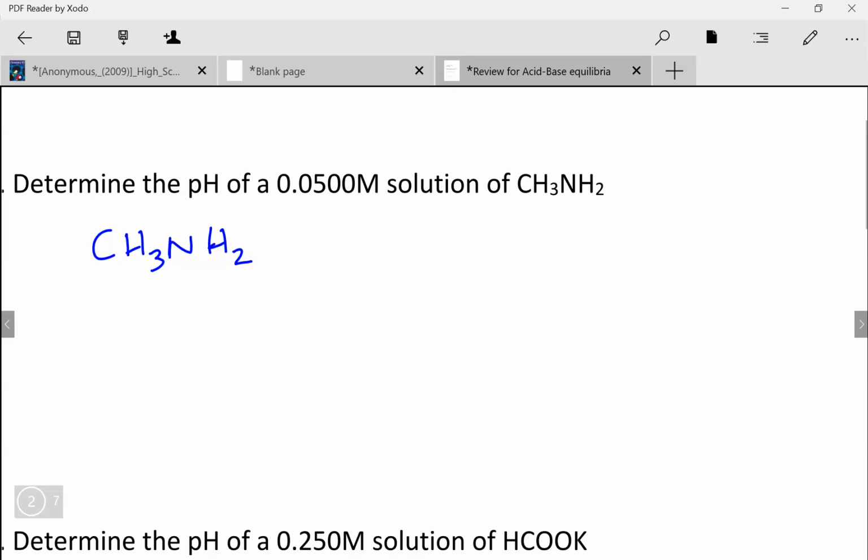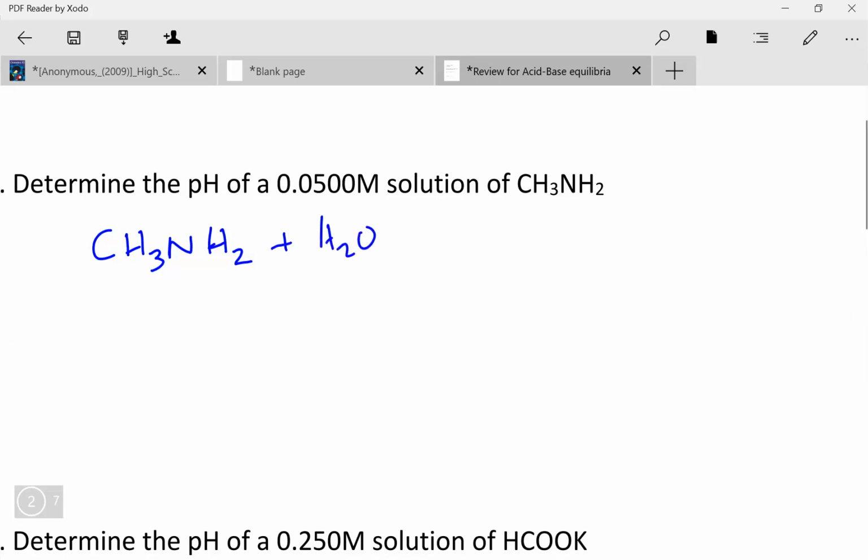methylamine. There we go. Whatever this is called. This is a base, so it's going to accept a proton from water, accept a hydrogen, and without its electron from water, become NH3 plus, and you have OH minus.